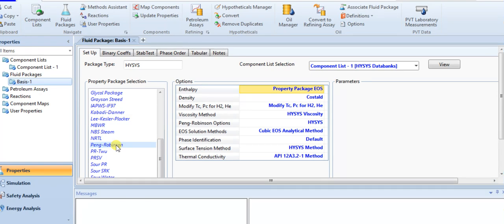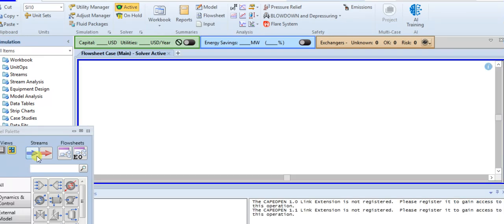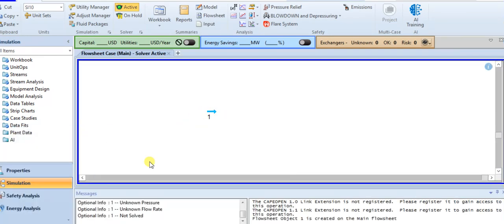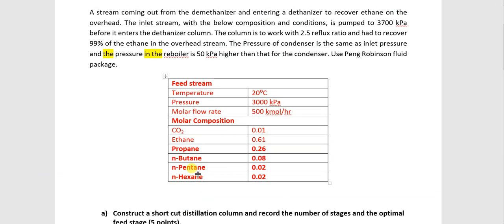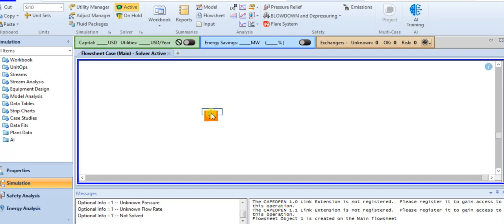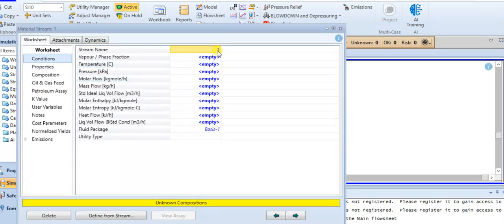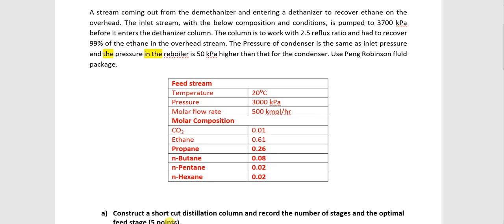Now we can enter the simulation environment and we need to define the feed: temperature, pressure and molar flow rate.